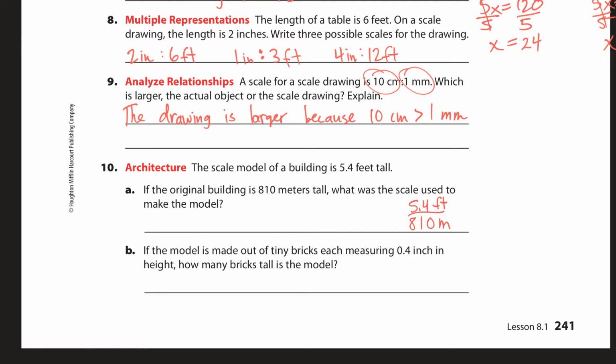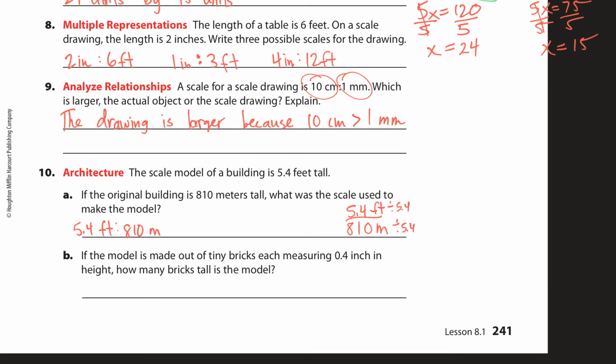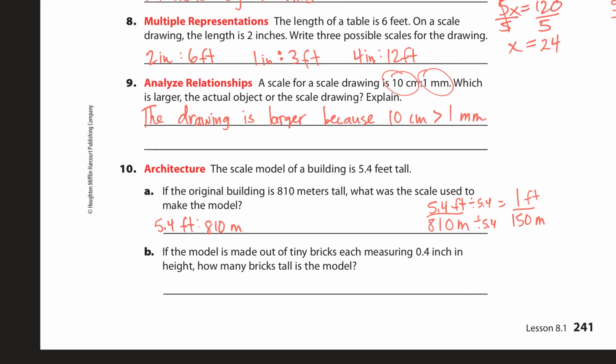I guess we could use that as the scale, 5.4 feet is 810 meters, but we could divide both of these by 5.4, and that would probably be a little bit better. So this then is 1 foot, and it turns out 810 divided by 5.4 is 150 meters. So the better answer is, I'll put it in blue, 1 foot is 150 meters.